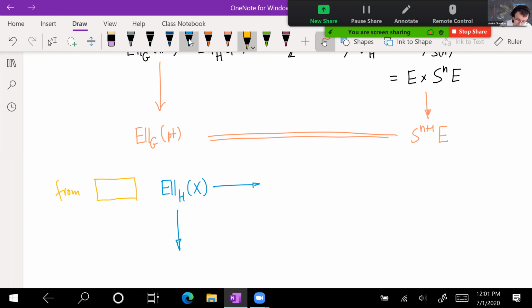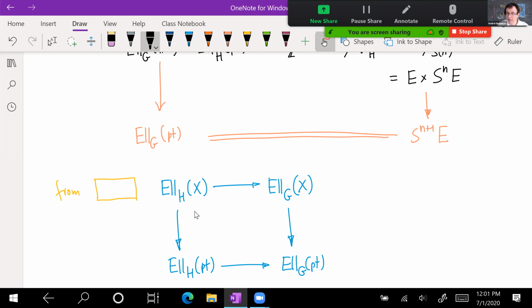We then conclude that this is L G of X going to L H of a point, L G of a point, and so this is the diagram as a pullback. I'm not trained enough in category theory to know how to denote it; people denote it by things like this, and maybe I'll just write pullback.